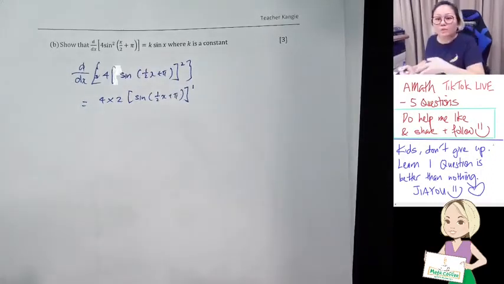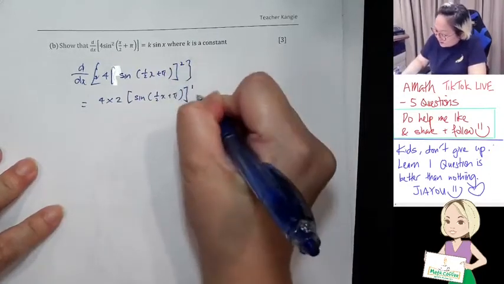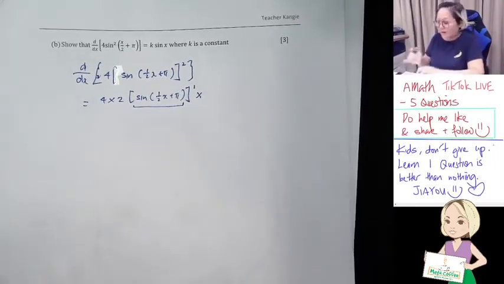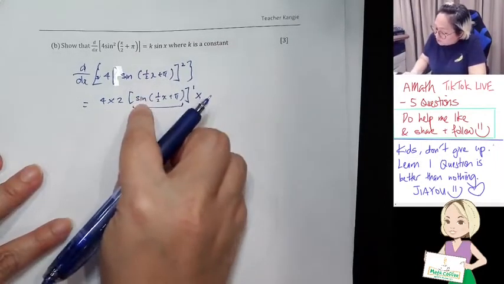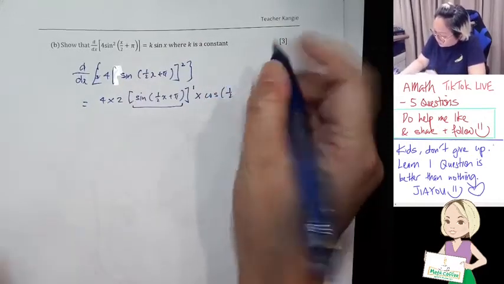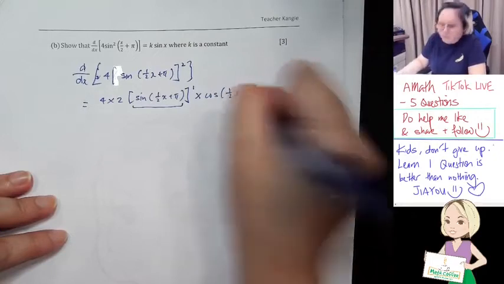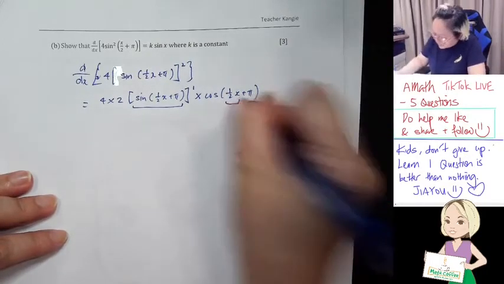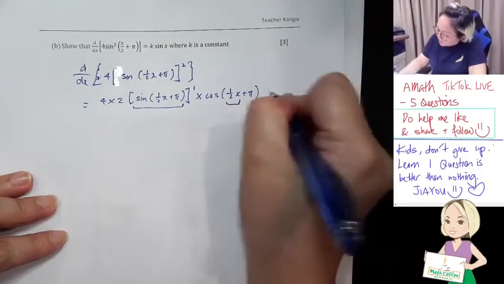Although it's redundant to put the 1 there, I will just put it there to remind myself that I already took 2 minus 1. Then, kids, see here, multiply by differentiating this inside first. Differentiating sine gives cosine, copy the theta. Then differentiate inside again, which is half.